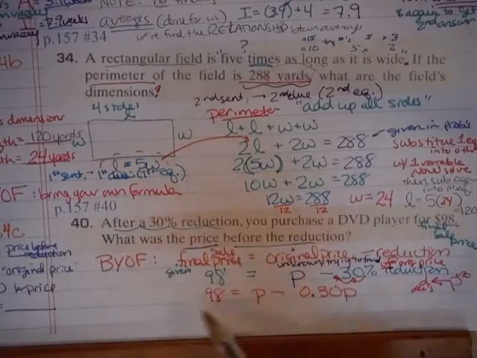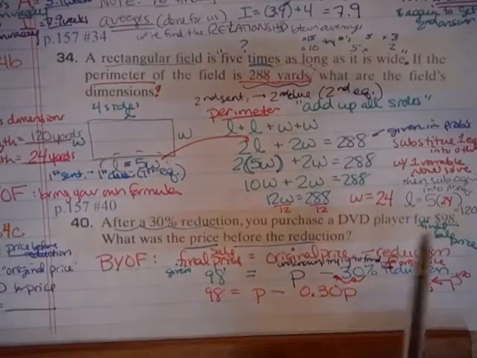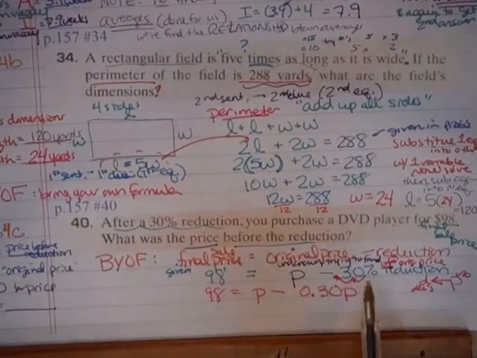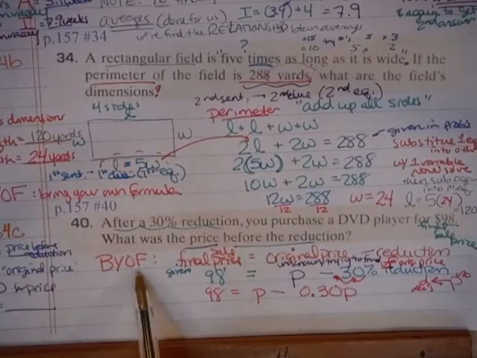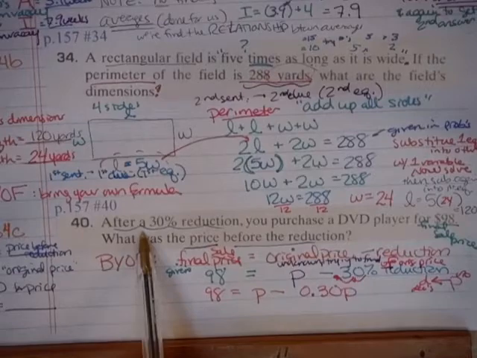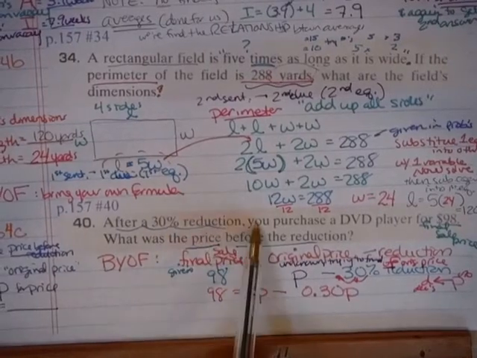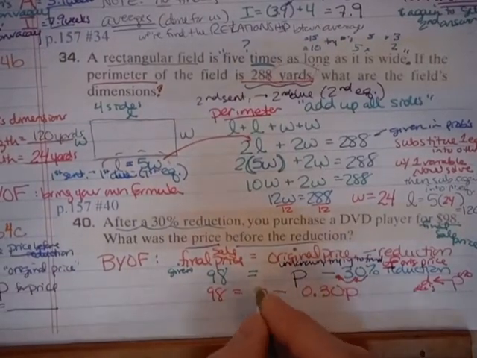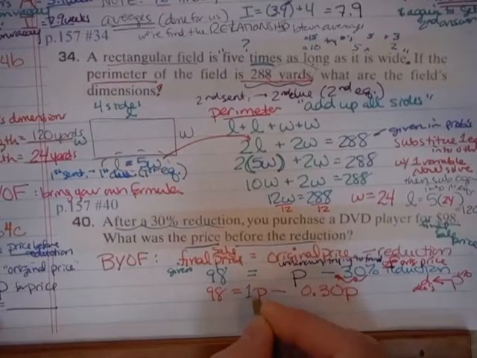Let me see if I can say that a little bit differently. A 30% reduction, what you're bringing to this problem is the knowledge of what that means. It started at 100% of the price, and you're subtracting 30% of the price. So 100% is as if you've got one P sitting right here. That represents 100%.